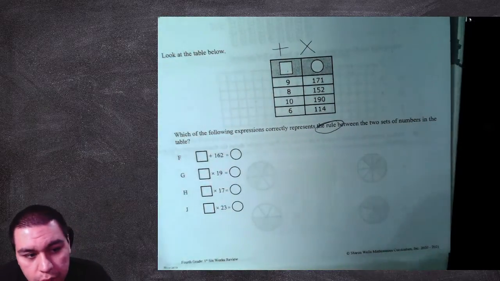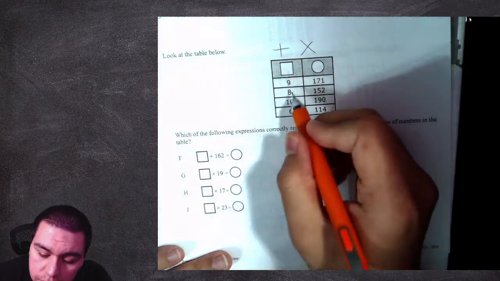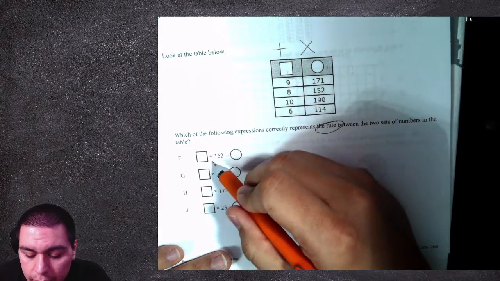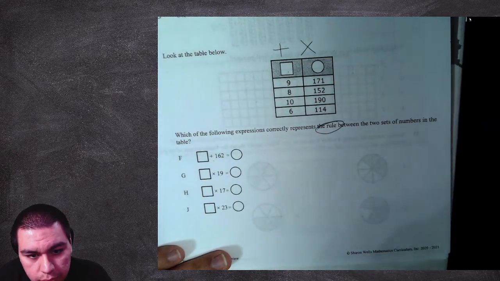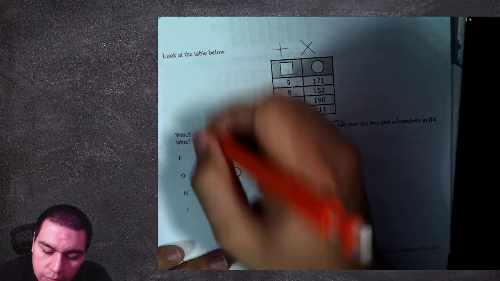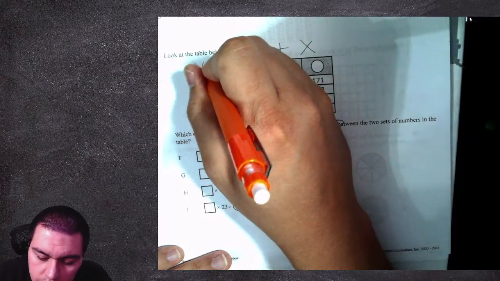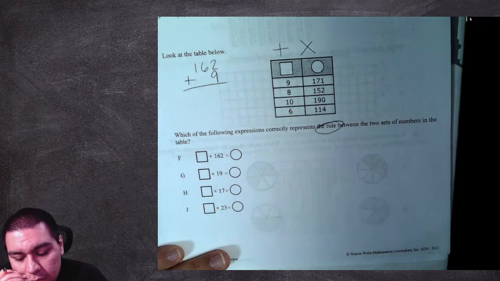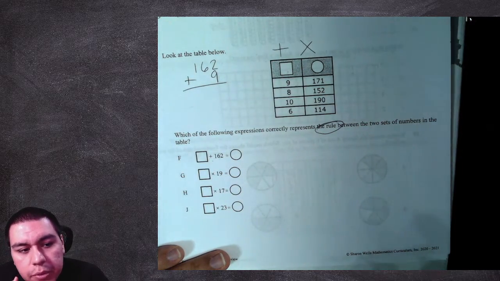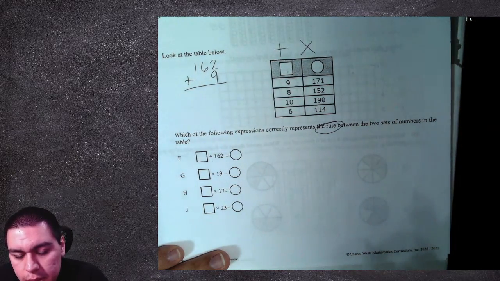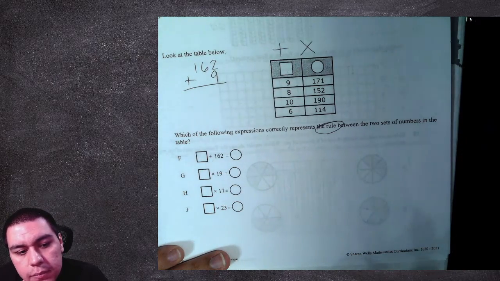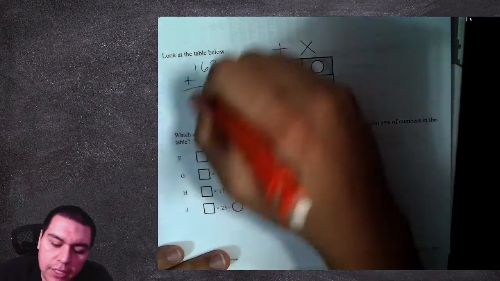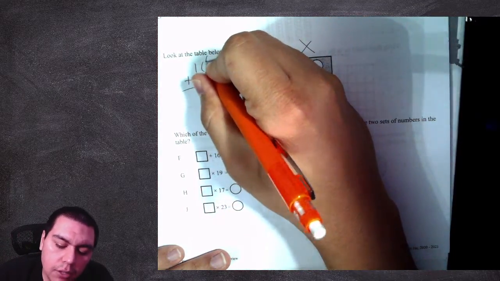Let's start by checking 162. This one is using addition. They tell me if I take 9 and I add 162, that will give me the number I'm looking for. 162 plus 9. What's 9 plus 2, Ezekiel? 11. Okay, I'm going to put a 1, carry over a 1.